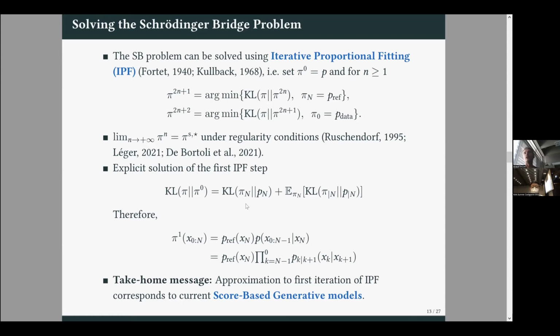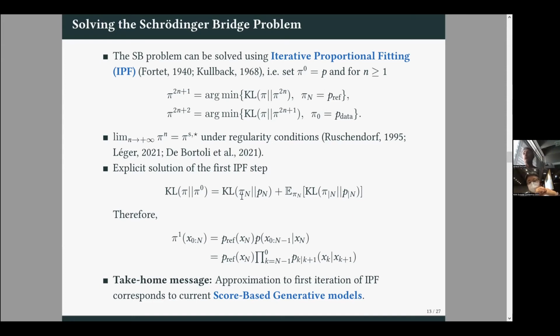Okay. Now let's look a bit at all these iterates of iterative proportional fitting, what they correspond to. If you look at your iterative proportional fitting, you initialize it at the path measure pi_0, which is equal to P, the reference process, okay?